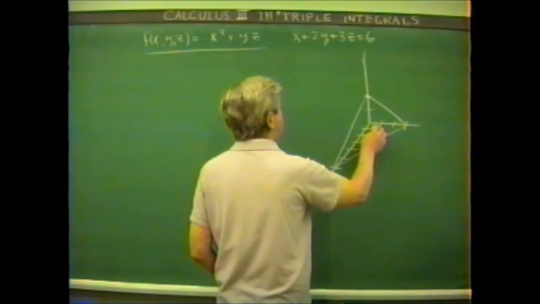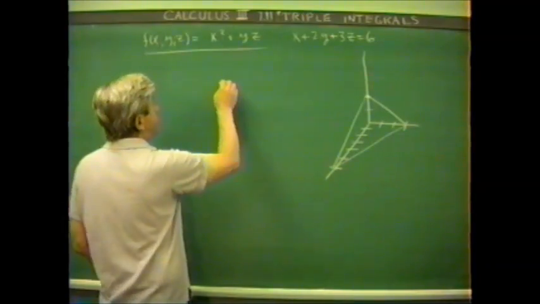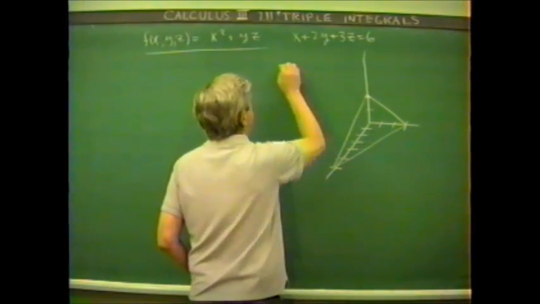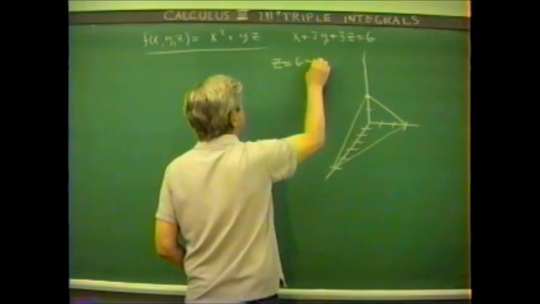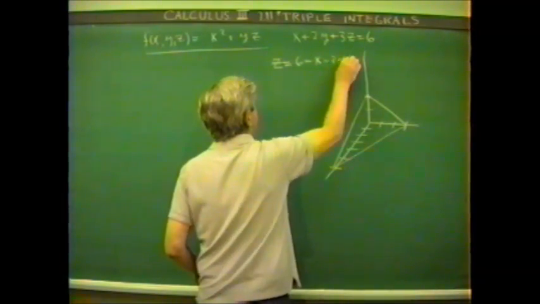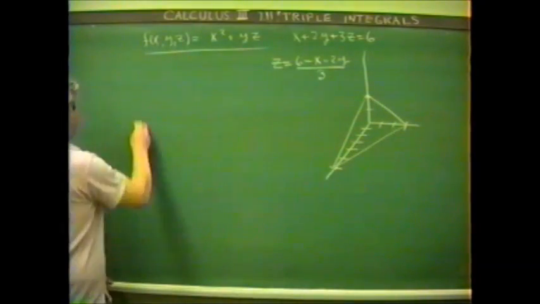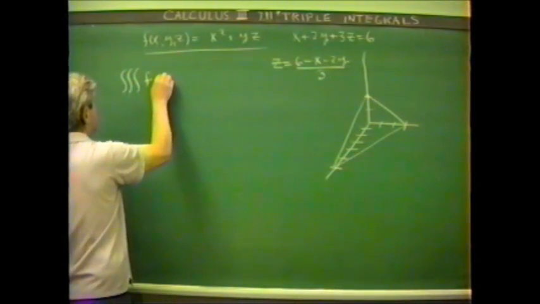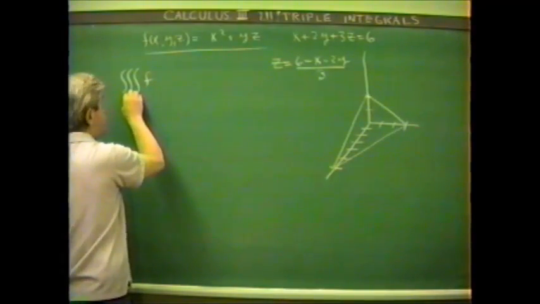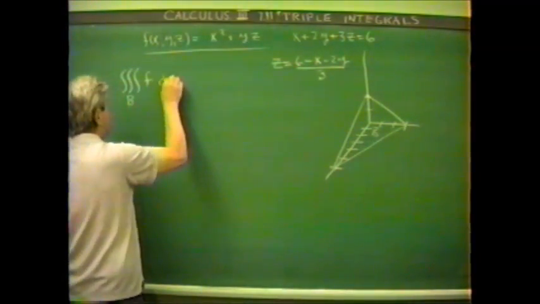So for that purpose, let's integrate with respect to z first, fixing x and y, and we can find that z is equal to 6 minus x minus 2y, divided by 3. So what we wish to do is to integrate f over this region, let's call it B, with respect to volume.